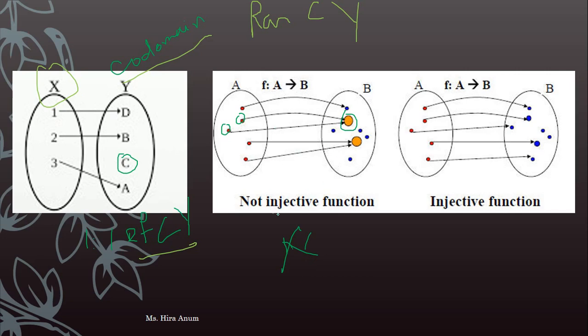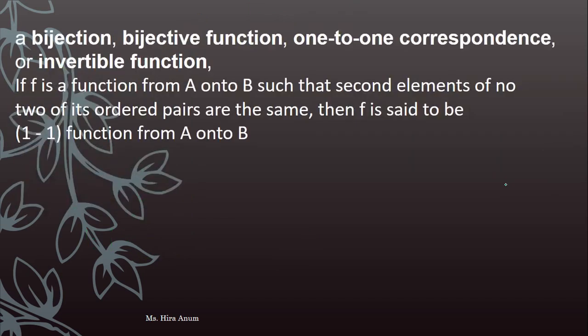In injective we combine one-one function and into function. So this is not an injective function. Here you can see one element mapped with one element. So this is a one-one function and it also satisfies the condition of into function. So it is an injective function.